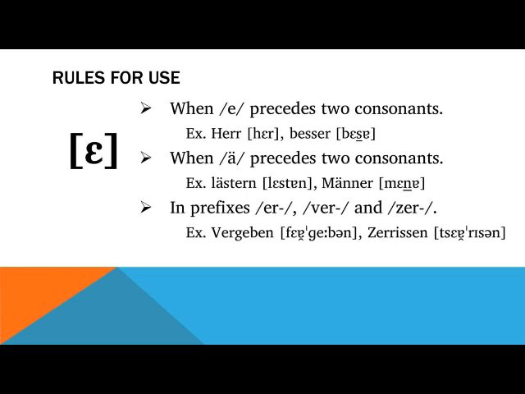When the written A with the umlaut, the two dots over it, precedes two consonants, as in lästern and Männer. And then we also see it in prefixes, and we've talked a little bit about these prefixes in the first class. Ver, zer, vergeben, zerrissen.